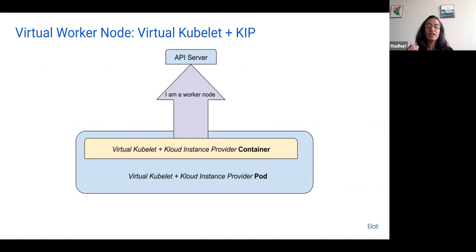The virtual kubelet and cloud instance provider container speaks the kubelet API, and it advertises to the API server that, hey, API server, I'm a worker node, I speak kubelet API, and I have this very large capacity that's available to me for scheduling. The very large capacity that is advertised is configured through a config map.